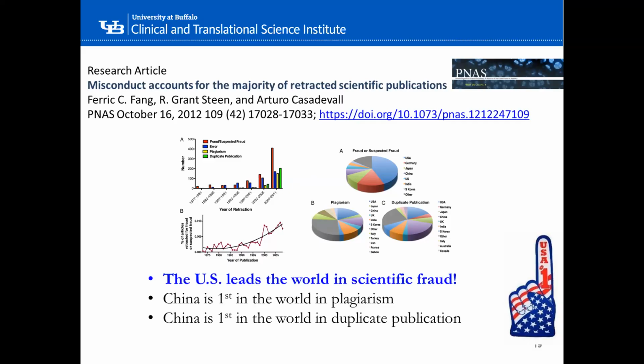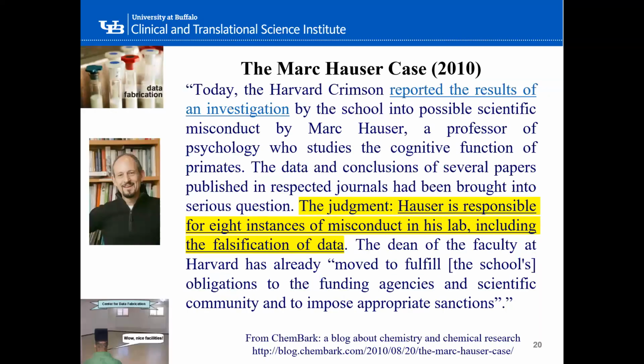And what they found is that the United States leads the world in scientific fraud. This is still true even more than a decade later. China is number one in the world in plagiarism, and China is also number one in the world in duplicate publications. And we'll talk about those things a little bit later.